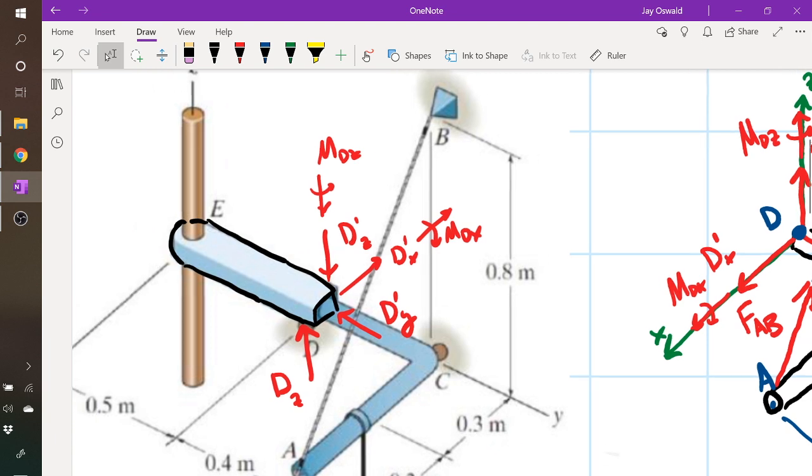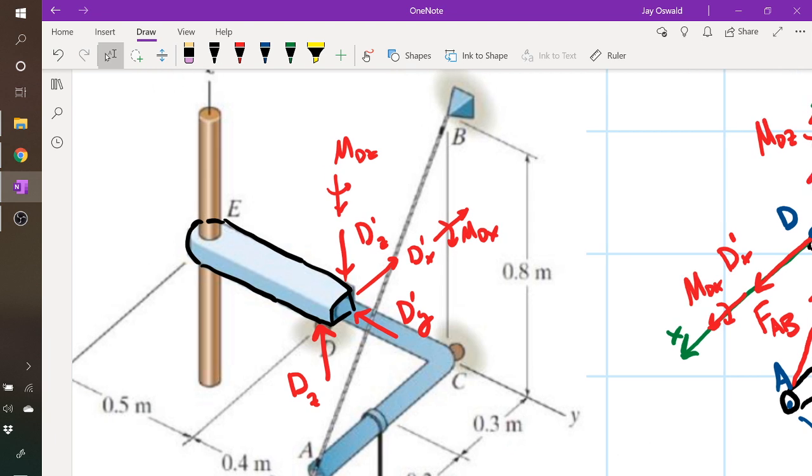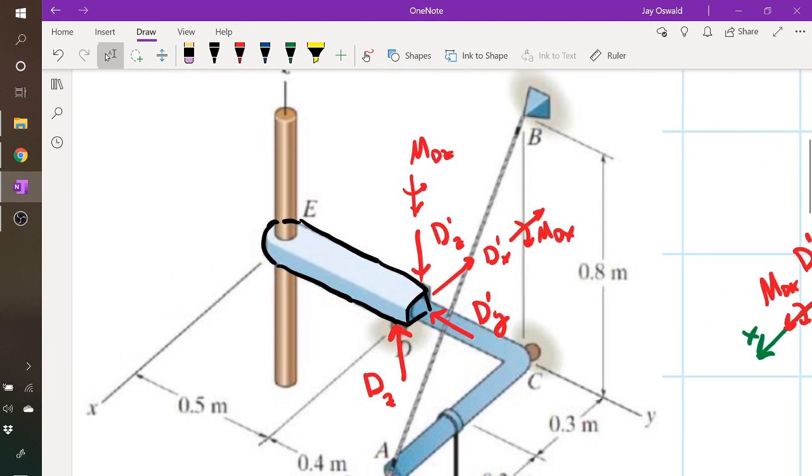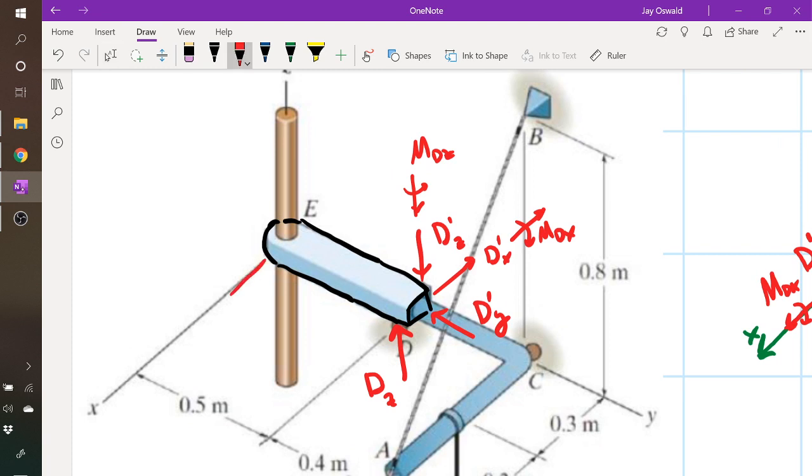And then what about at E? Smooth collar. Smooth collar, yes. So let's do the forces first. Forces are easy, right? So I have an EX and EY. Okay. Do I have an EZ? No, because it's smooth. Could I twist this thing about the x-axis? No. So I'm going to have an MEX.